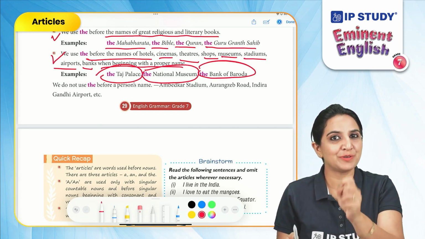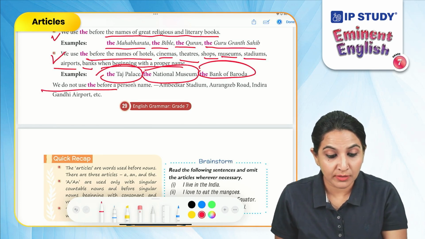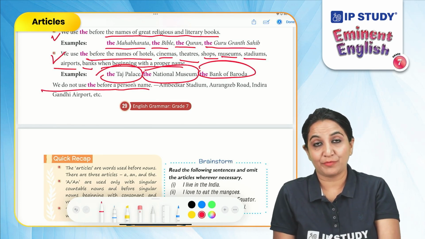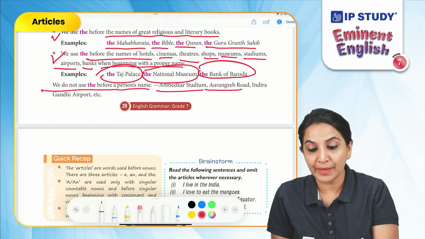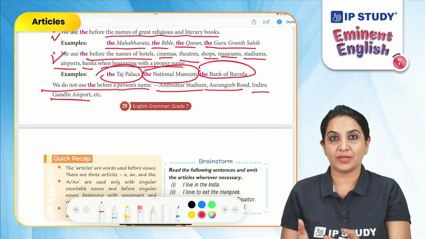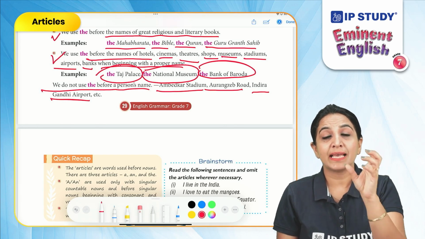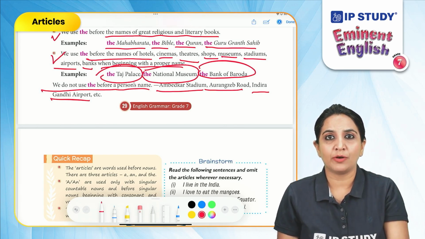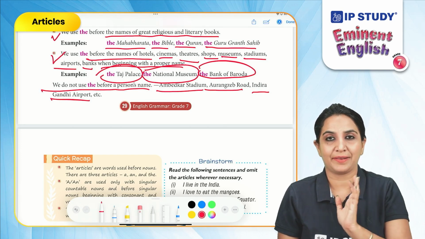That is why you've used the definite article the. We do not use the before a person's name. For example, Ambedkar Stadium, Aurangzeb Road, Indira Gandhi Airport, etc. because those are proper nouns. So even if a place has a proper noun, then we are not going to use article the there.